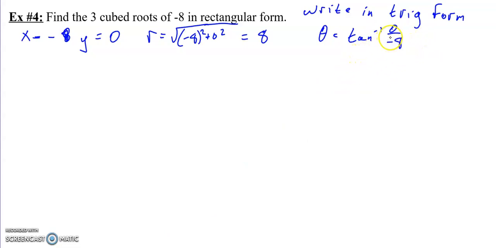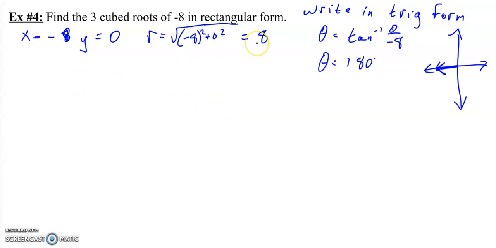Well, this is actually even easier if you look on your grid. If x is -8 and y is 0, here's my complex vector right there. So we know theta is going to be 180, because when is y 0? y is 0 at 180 and 360.